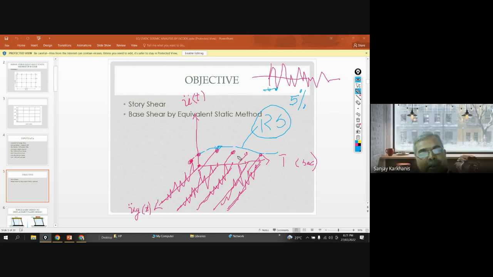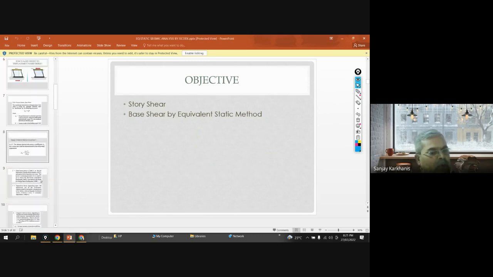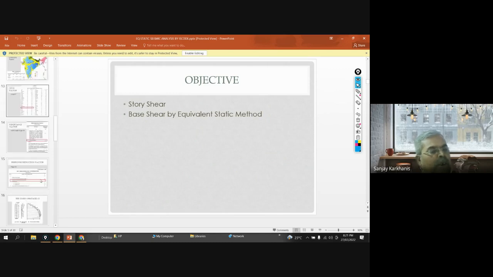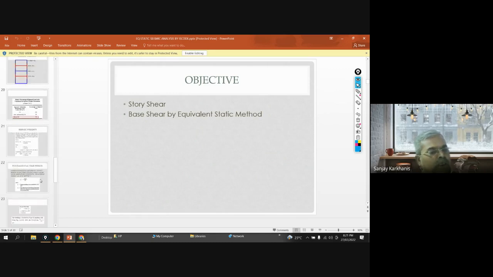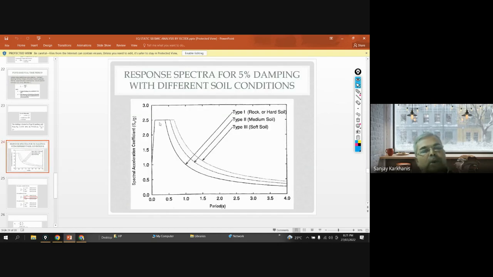Now this work has been done, and that will give you a spectra or a response spectra. As per our Indian code, they have also gone through all these observations, and finally they say that this is your response spectra for one type of soil, for another type of soil, and a third type of soil.